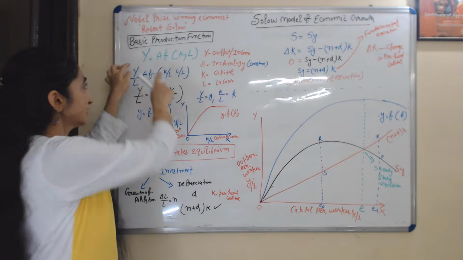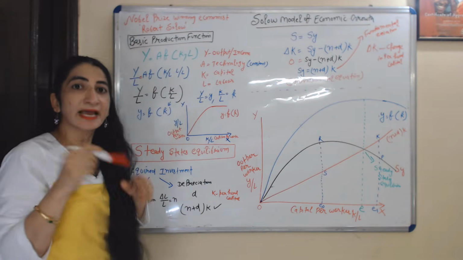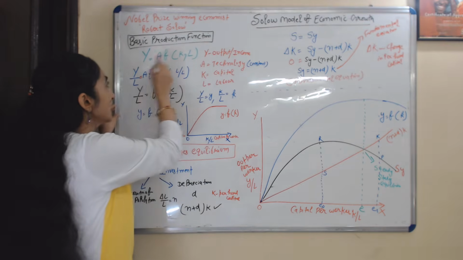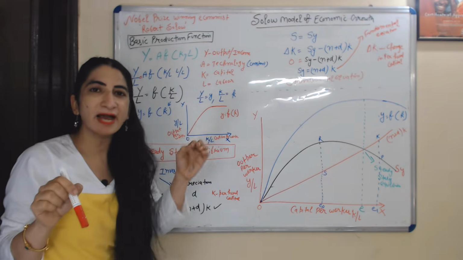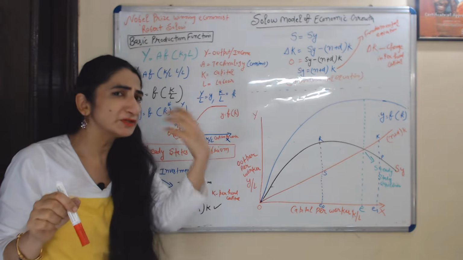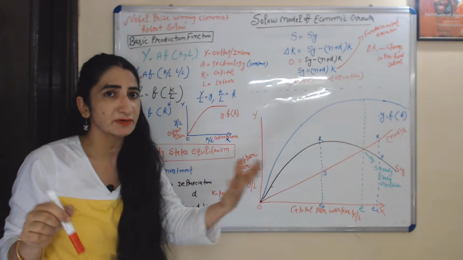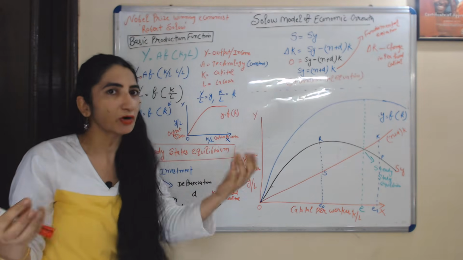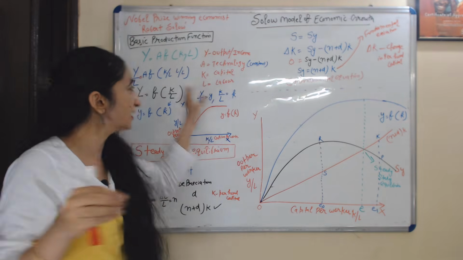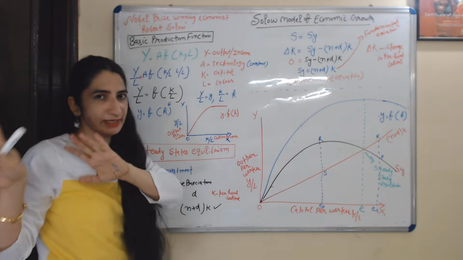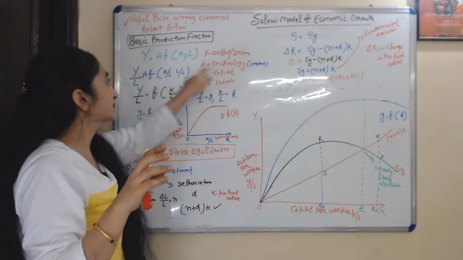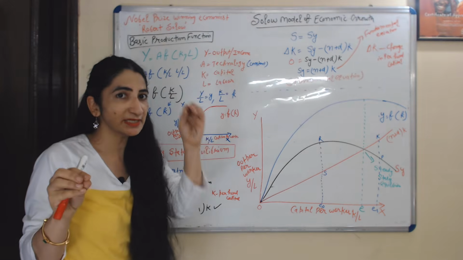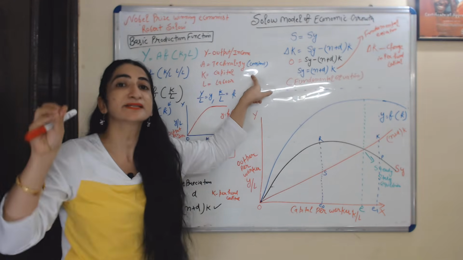This is the equation of the production function. In this equation, Y is equal to output, which you can say is equal to income. Income or output is the same thing in this model.